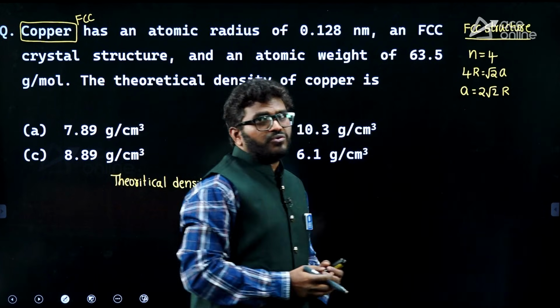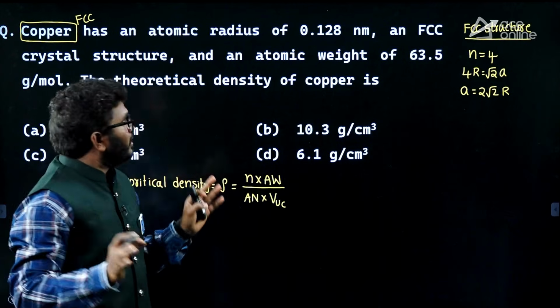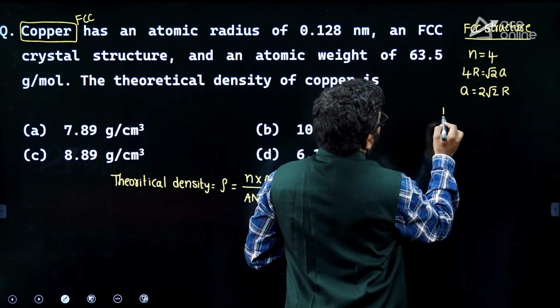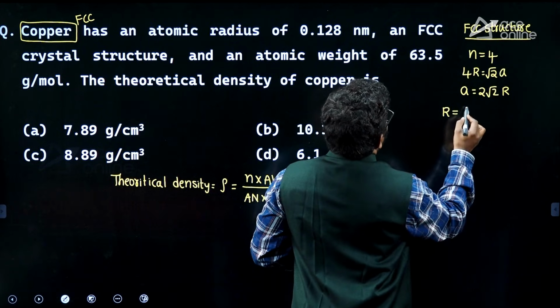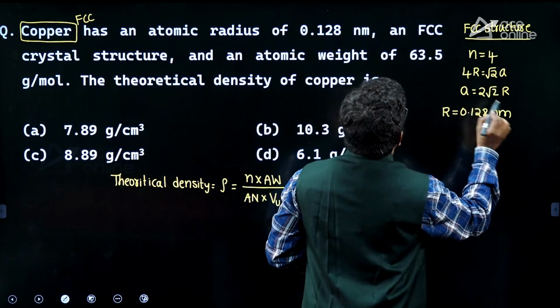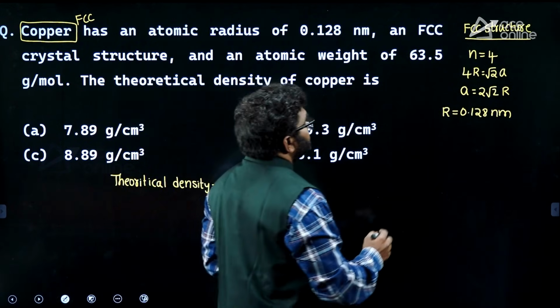If you don't know this information, you can't solve this question. Now, see, the atomic radius is given in the question, 0.128 nanometer. FCC structure. Atomic weight is given as 63.5.